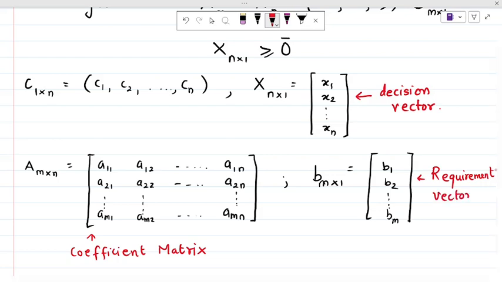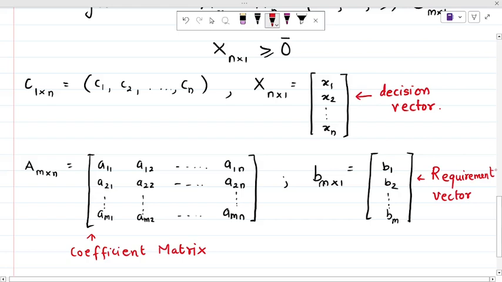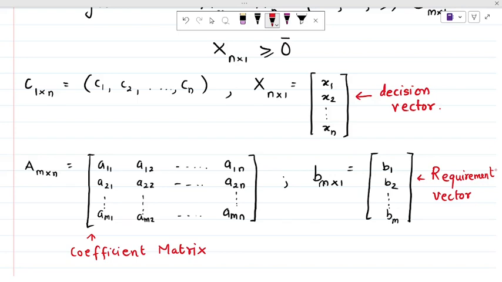And C vector, sometimes it depends. Now see, if it is maximization, we are always interested in maximizing our sales, our profits. So it depends what it is. Generally it is the cost or price or profit vector, something like that we call.